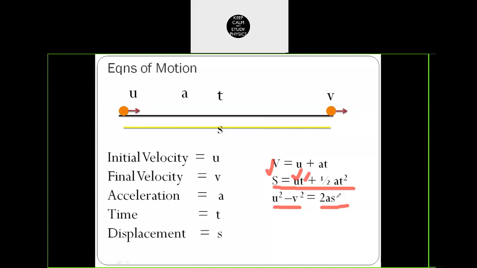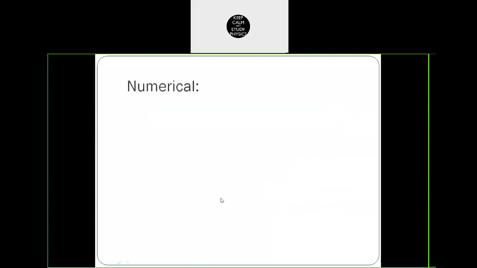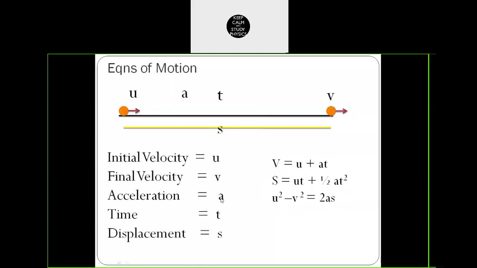What is u here? u means initial velocity, v means final velocity, a means acceleration, and s means displacement.